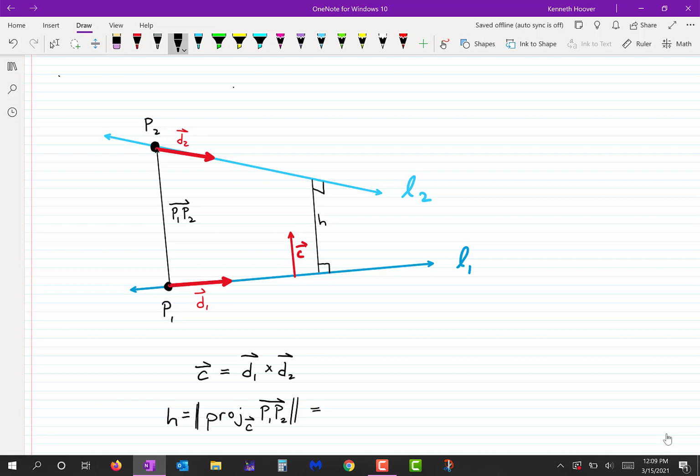I just want to remind you that the projection is this: the vector from P1 to P2 dot vector C, divided by the magnitude of C, times vector C. Now we want to find the magnitude of that.